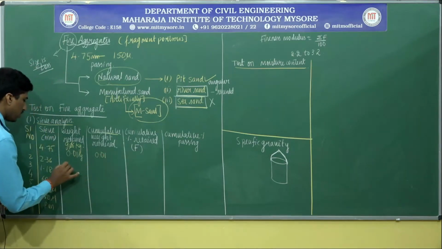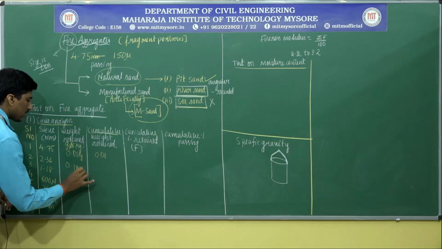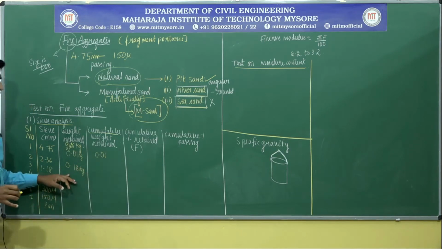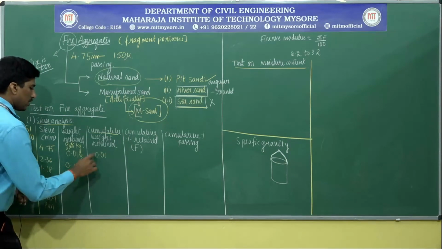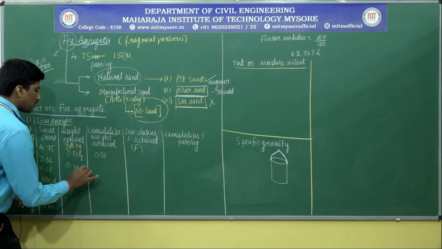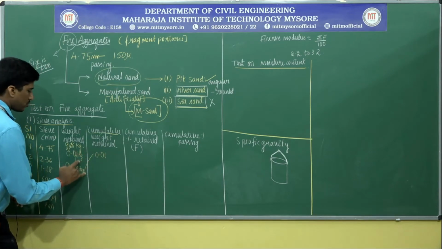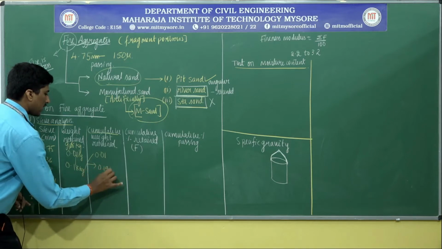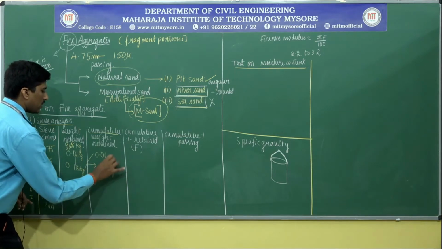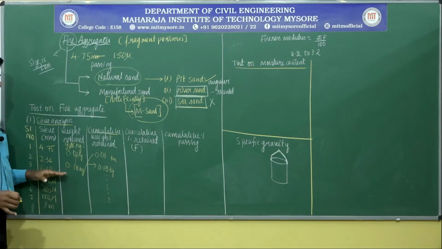In the next case, 0.18 kilograms is retained, so 0.18 plus 0.01, when added, gives 0.19 kilogram. This is what we call the cumulative weight retained.